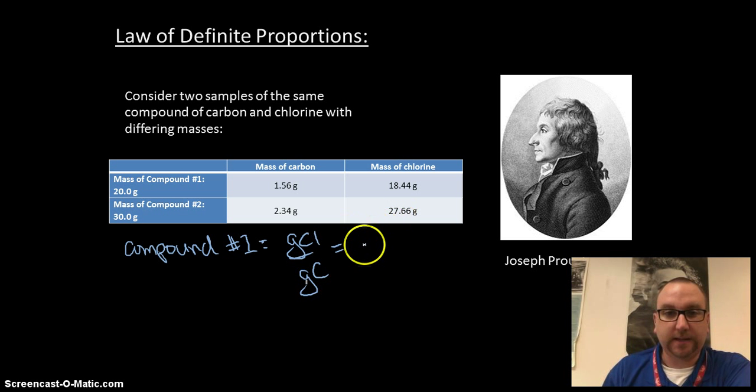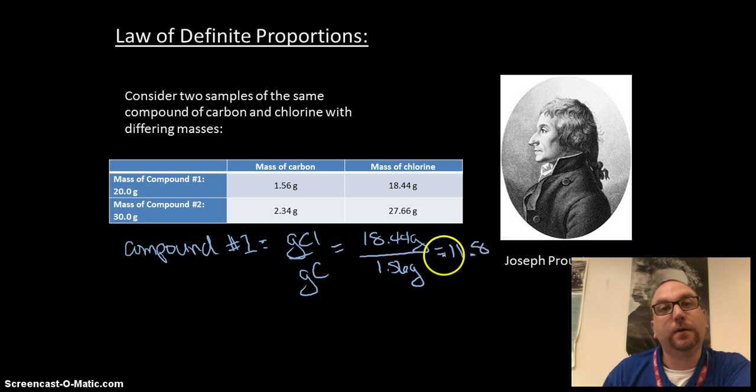And what we would see is we would take 18.44 grams of fluorine divided by 1.56 grams of carbon, and we would have a mass ratio of 11.8. So that's the mass ratio of fluorine to carbon in compound 1.